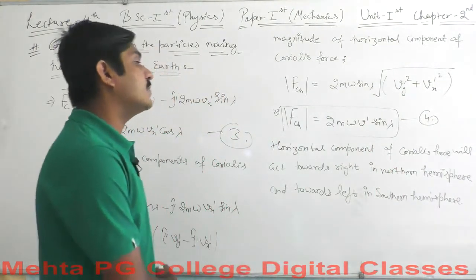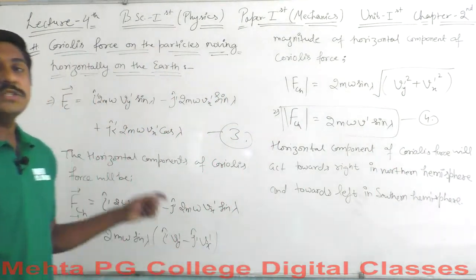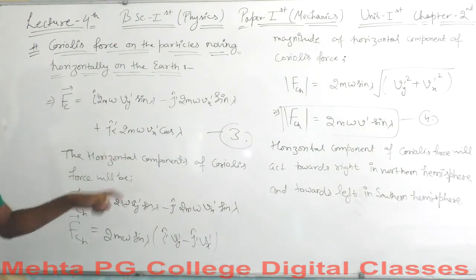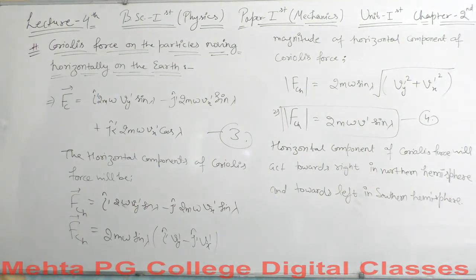Okay, so this is the component form of Coriolis force. Also we got one more component here, which is the vertical component of Coriolis force. So we will talk about this vertical component also. Let's check what this vertical component means here.